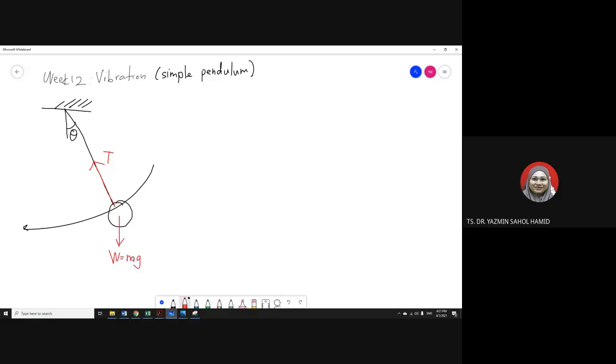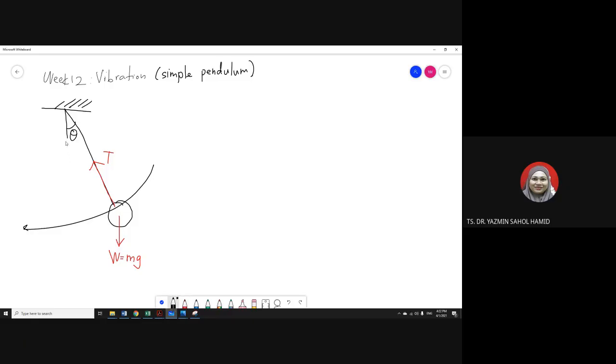So the simple pendulum has 2 forces involved. The first force is coming from the tension of the string or the cord. The next is the force coming from the weight of the pendulum. Now for this question, what we need to do is resolve it in the x and y direction.